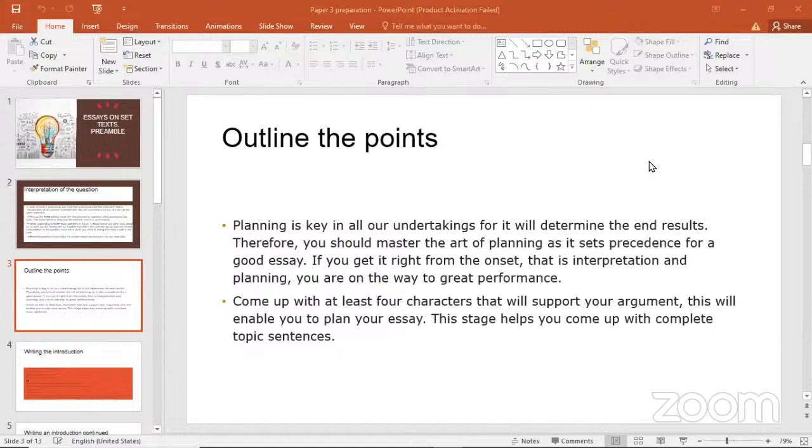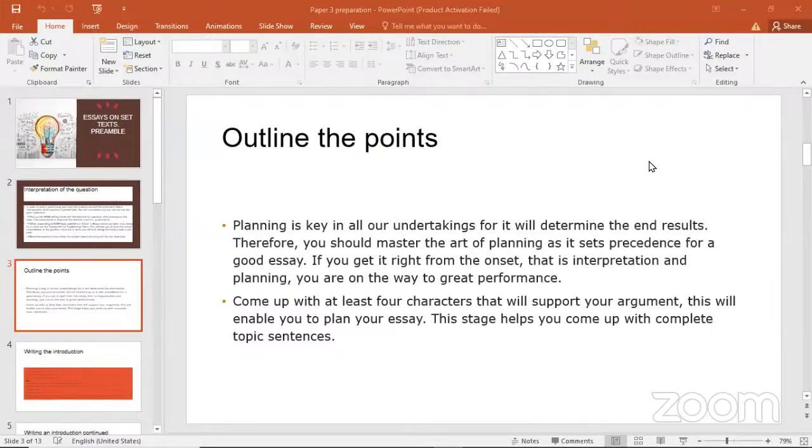Note, the whole of this time, we've not even started writing the essay. We've used, let's say, between 10 to 15 minutes to just plan, to understand the question, to list the topic sentences, and to find out how much information you have for each.